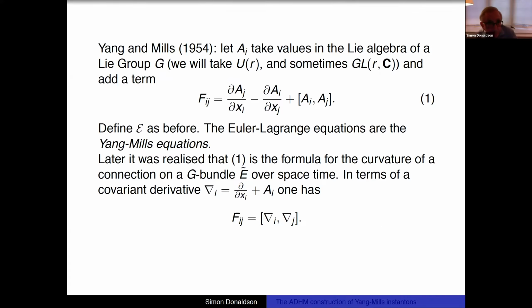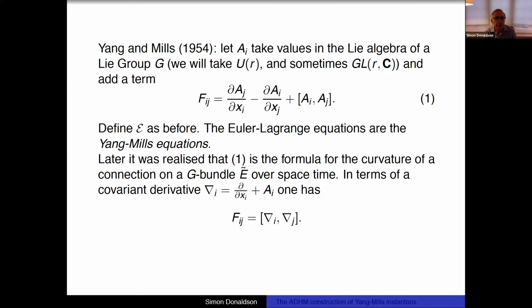So in 1954, Yang and Mills, studying more sophisticated particle physics, considered the possibility of letting the A_i take values in the Lie algebra of a Lie group. For our purposes, we will usually take this group to be the unitary group, which is a compact group. But sometimes we'll want to consider the full complex group of all complex matrices.